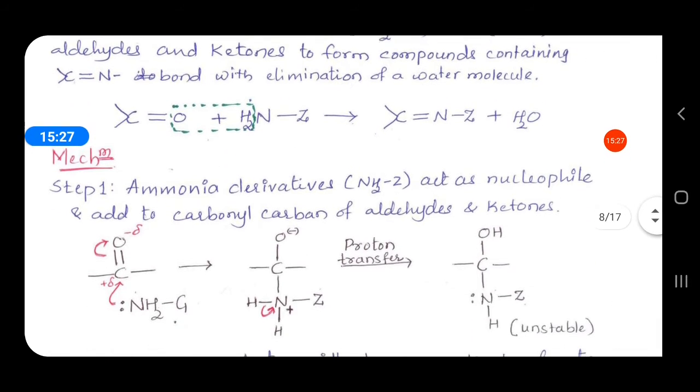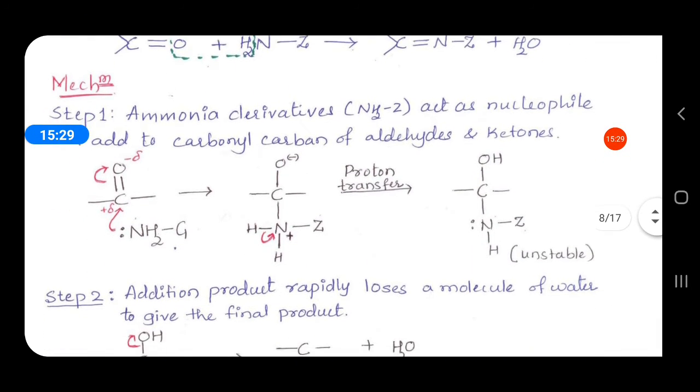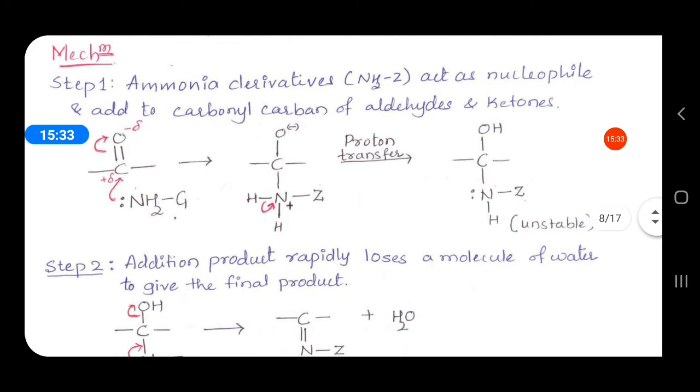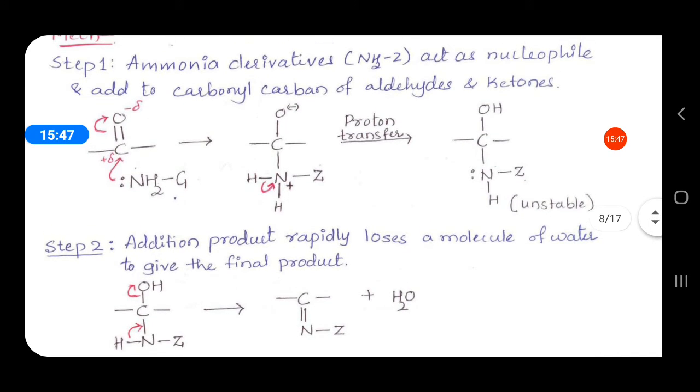The mechanism of this reaction is as follows. Ammonia derivatives act as nucleophiles because the nitrogen of the amine has a lone pair of electrons, so it acts as a nucleophile and adds to the carbonyl carbon of the aldehydes or ketones. Through this lone pair of electrons, the amine group reacts with the carbon so that a new carbon nitrogen bond is formed.